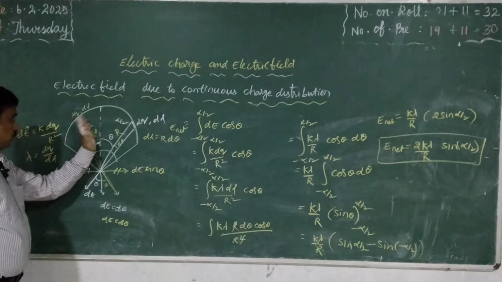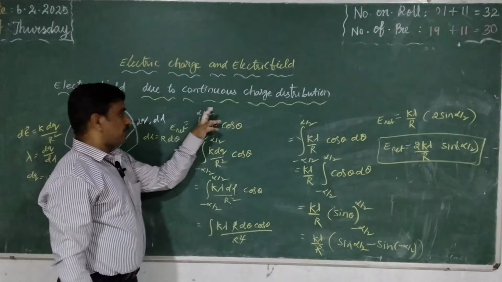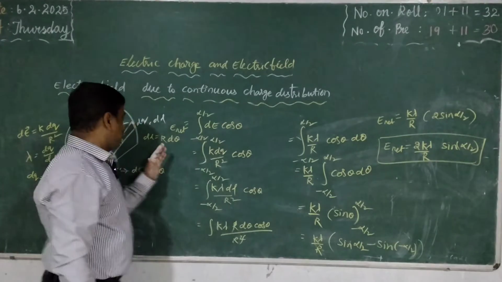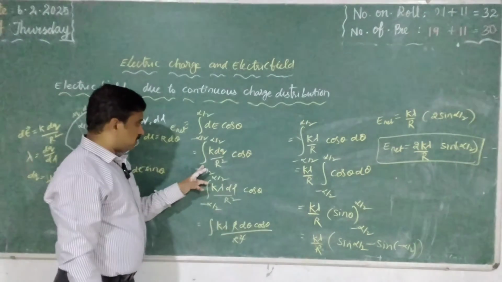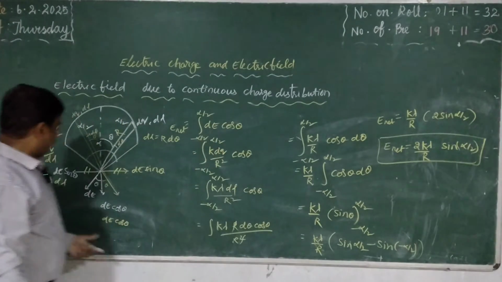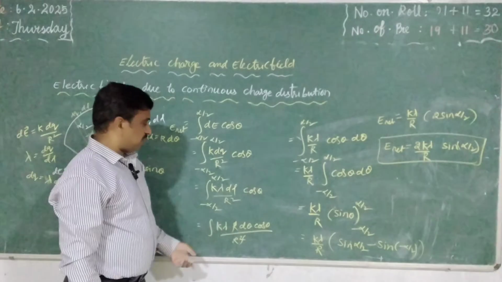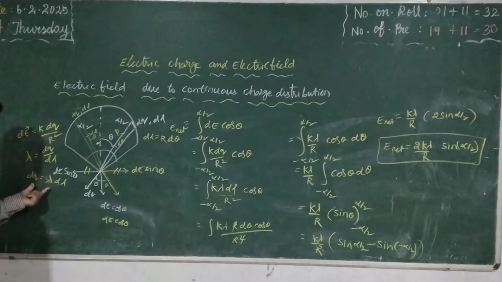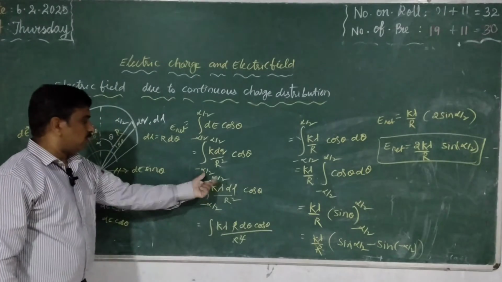The interval is minus alpha by 2 to plus alpha by 2, so that the total rod is covered. The electric field dE equals k dq by r square, and dq equals lambda dl. So we write k lambda dl cos theta by r square, from minus alpha by 2 to plus alpha by 2.